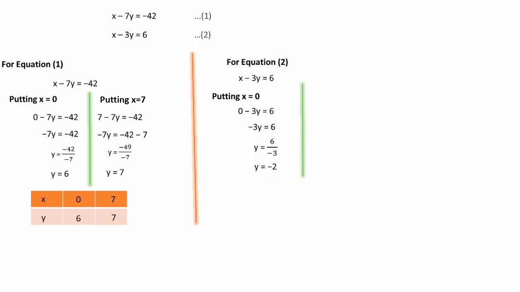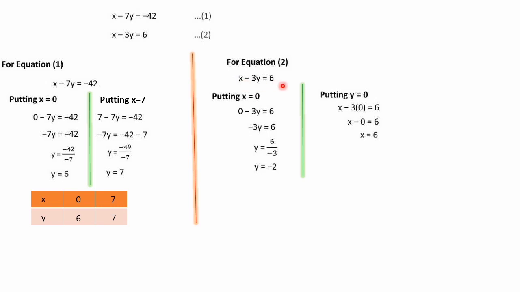One more set of values we have to find out. For that we are putting y is equal to 0. When we put y is equal to 0 here, x minus 3 into 0 is equal to 6. From here, x minus 0 is equal to 6. So x is equal to 6. Here we are taking y is equal to 0 because when we put y as 0, x we get directly.